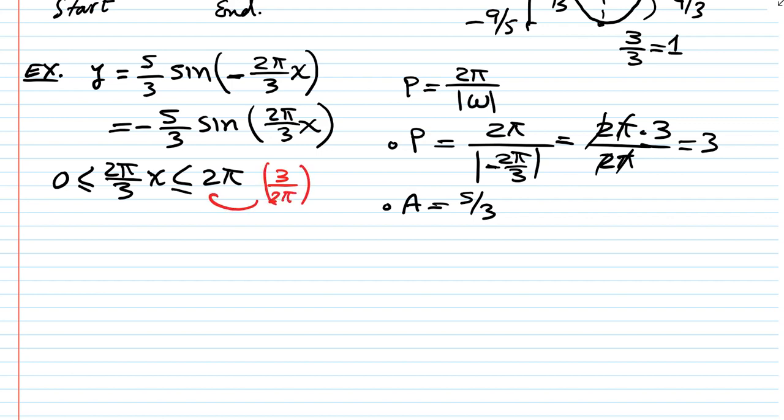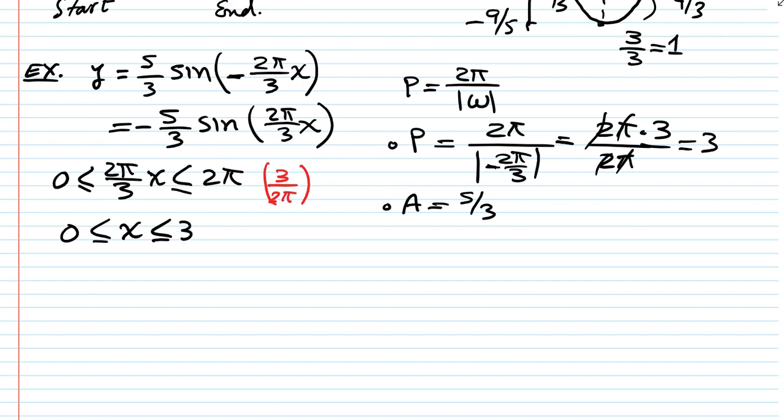Okay, now 0 times any real number is 0. So that's just 0. 2 pi thirds times its reciprocal is 1. Therefore, inside, between the two inequalities, I just have x. And the 2 pi's across, and that's 3.